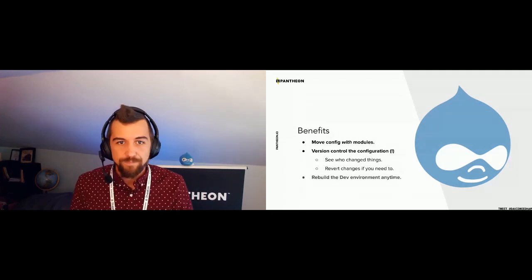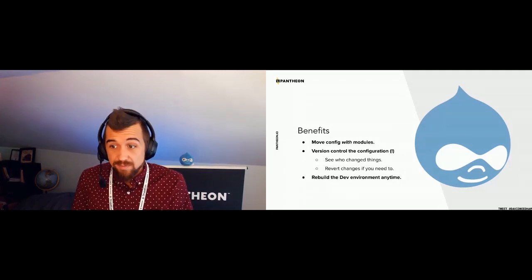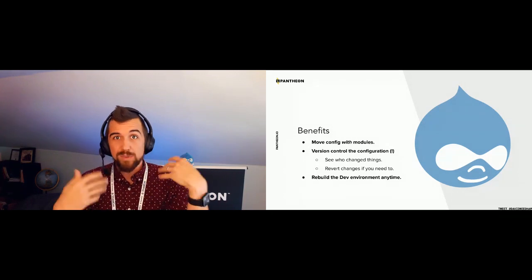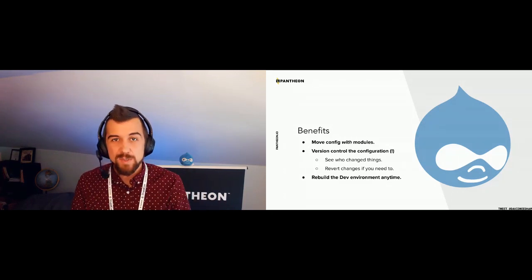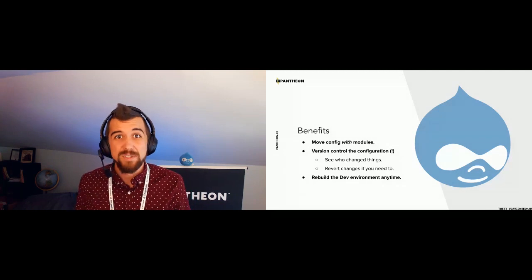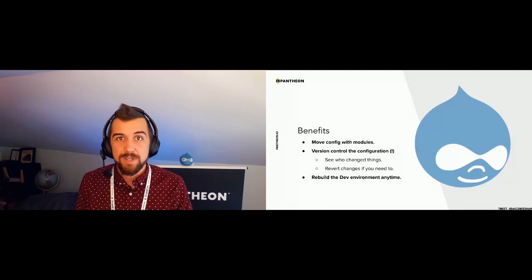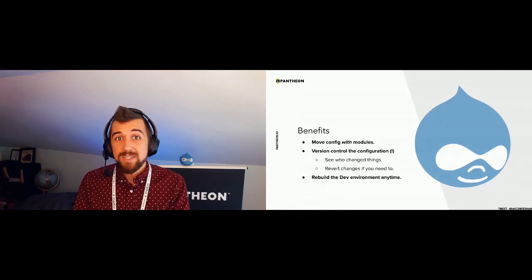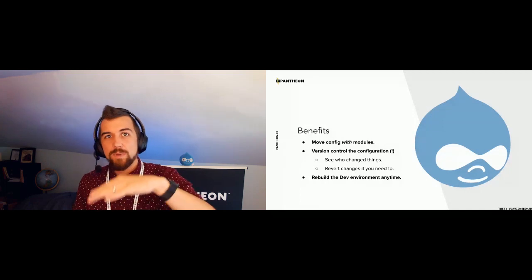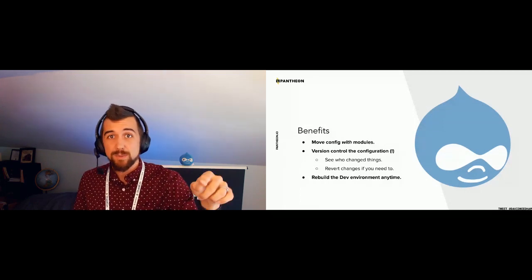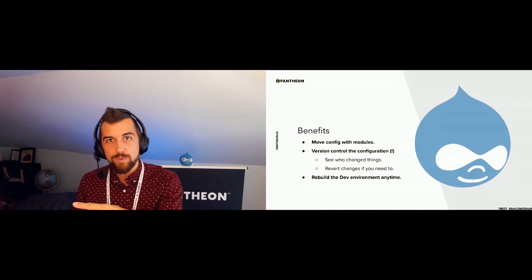And also, as someone who goes through development cycles that can sometimes be a rather long time, using configuration management allows you to rebuild your development environment at any point. Typically, like I showed on the graph earlier, you might rebuild your development environment at the end of the cycle once you've deployed up to live.